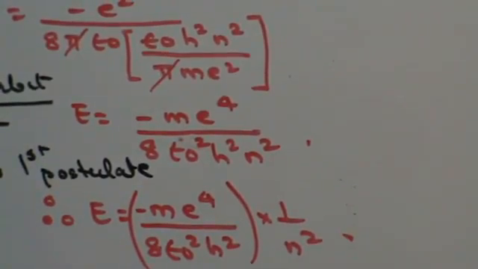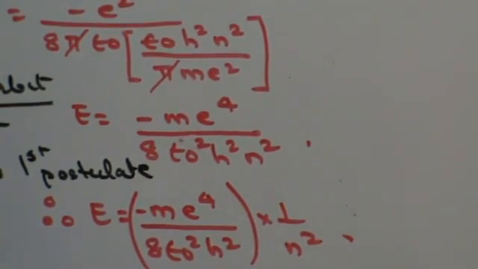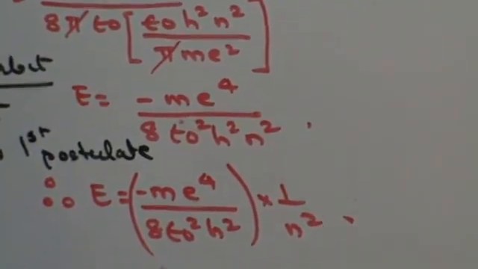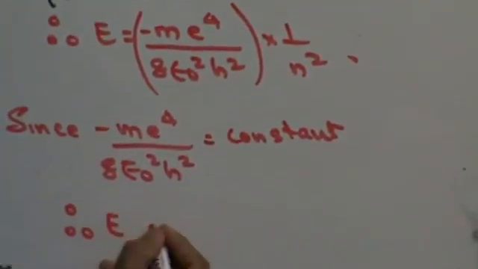Thus, since minus m e4 upon 8 epsilon 0 square h square is constant, you can say that E is proportional to 1 upon n square. Right? That will be the expression for total energy of the electron.